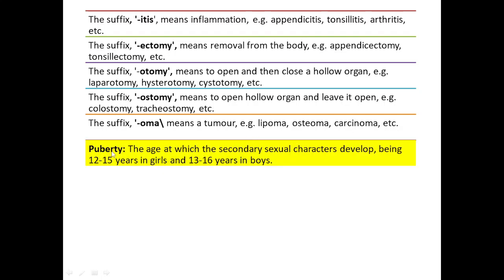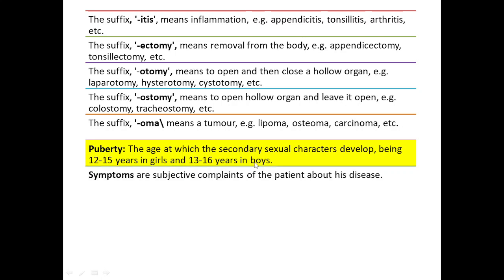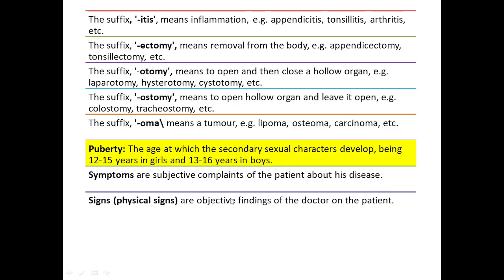Then we have the term puberty, when a person develops secondary sex characters. For example, it is 12 to 15 years in girls and 13 to 16 years in boys. Symptoms are subjective complaints of a patient about his disease, and signs are objective findings of a doctor on the patient. Symptoms are the ones that a patient describes. For example, when a patient comes to you and says, "I have a headache, I have pain, I have fever."